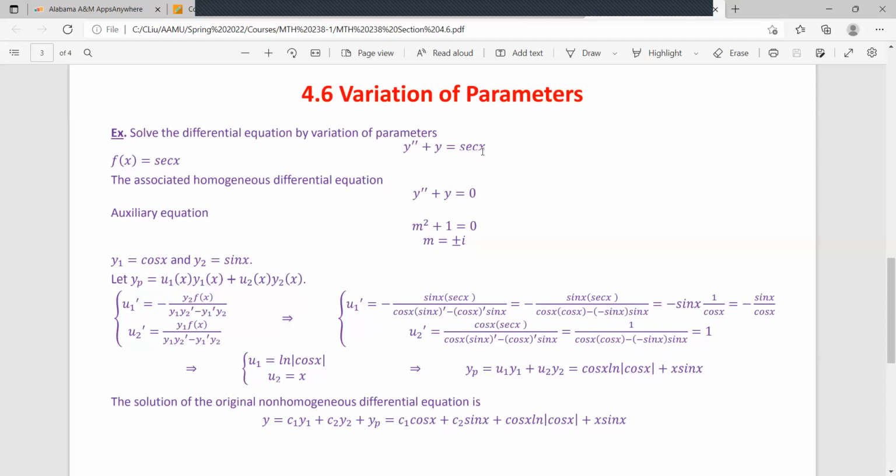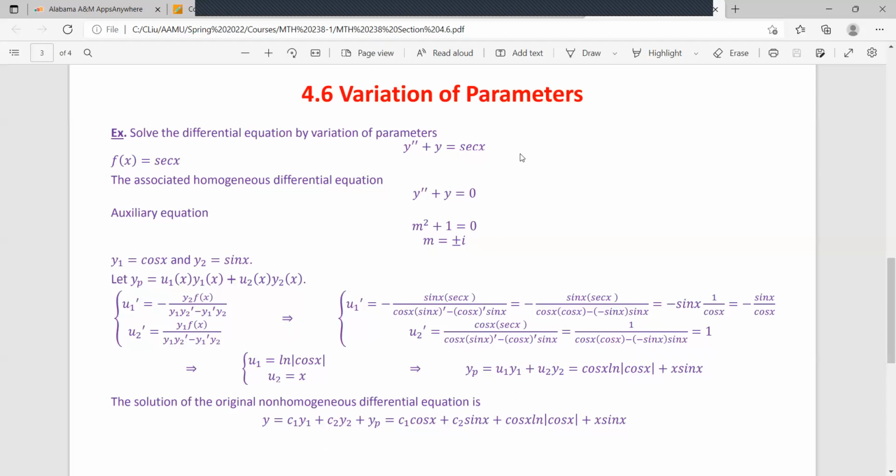In the previous sections, the right hand side is either cosine or sine functions or exponential functions or polynomials or combinations or products of those functions. But there has never been a secant x or tangent x or other things.